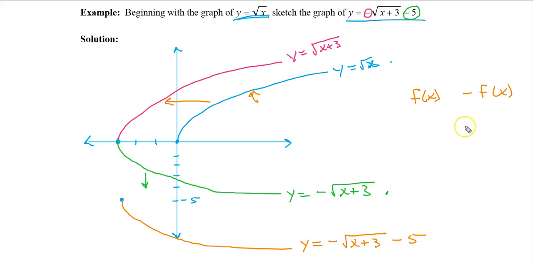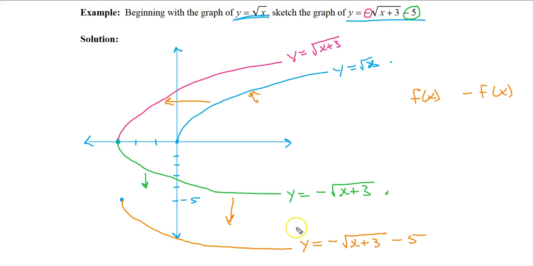So that's a flip about the x-axis, because all the positive y's become negative, all the negative y's become positive. So we get the green graph down here. And then we just subtracted 5 from the green graph, and that shifted it down by 5 units, and we got our final graph right here.